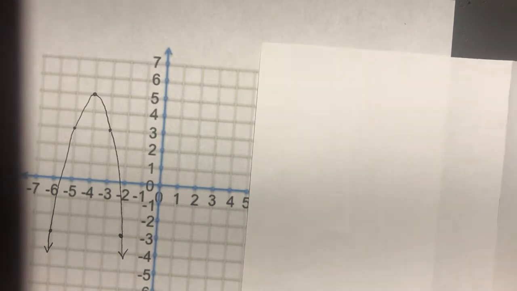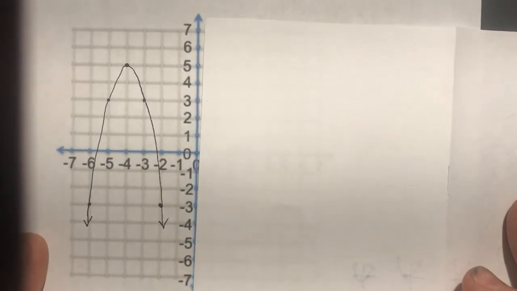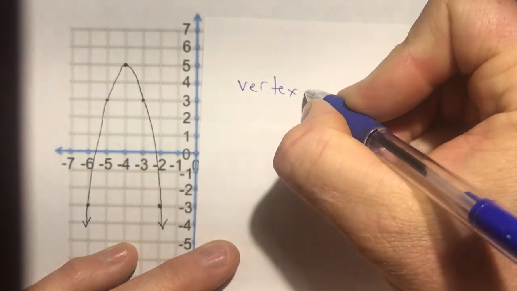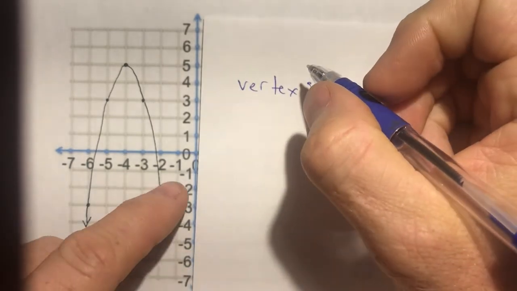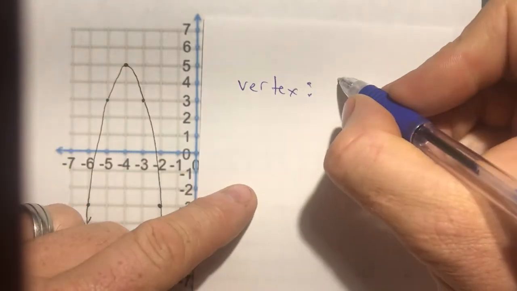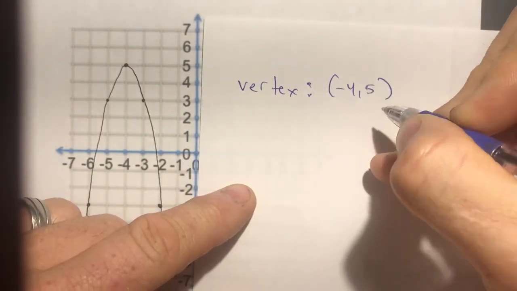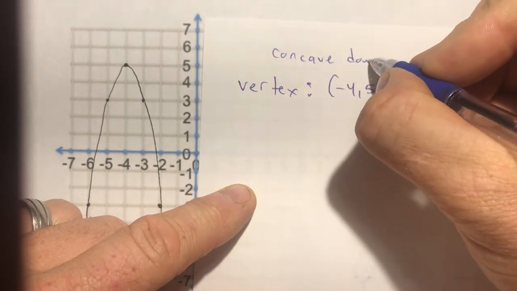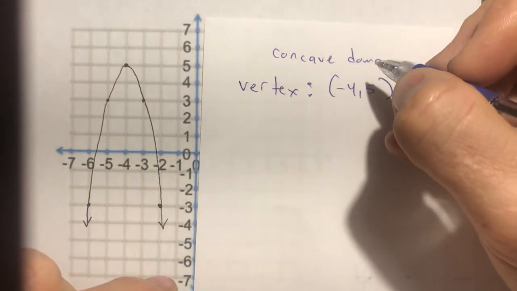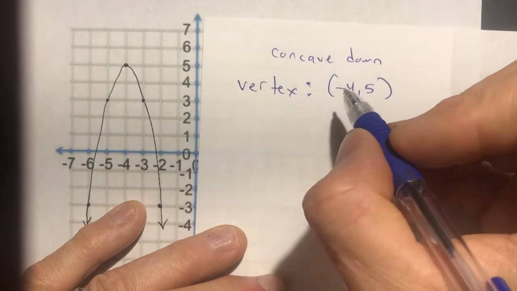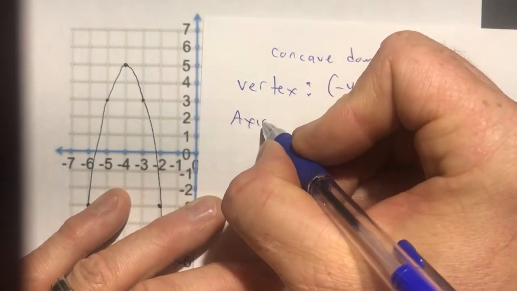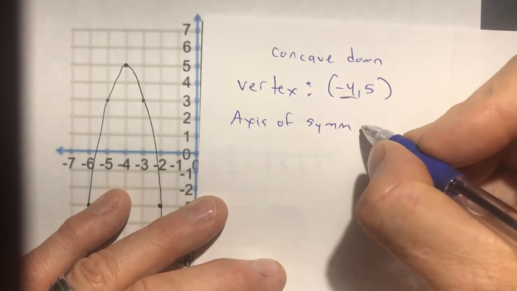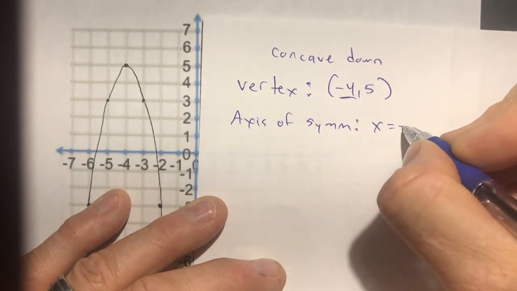Okay. So on this one, first thing we look at is the vertex. My vertex on this one is -4, 5. That's my vertex. This is concave down. It has a vertex of this, and this tells me my axis of symmetry, x equals -4.